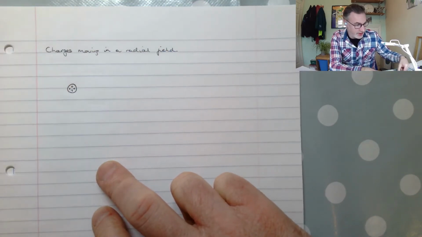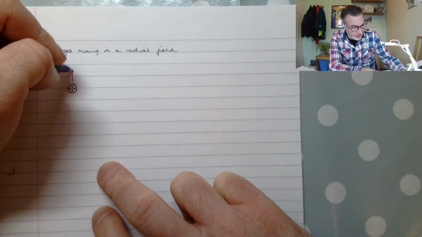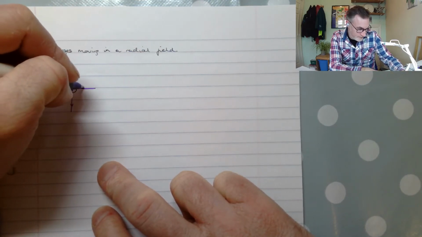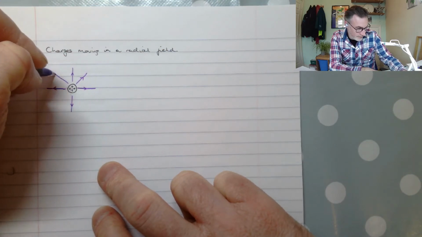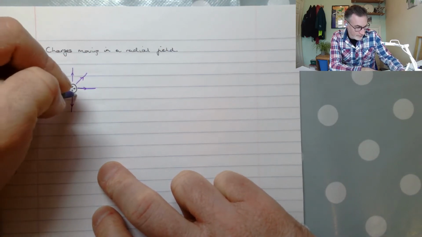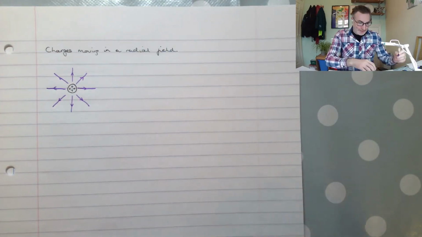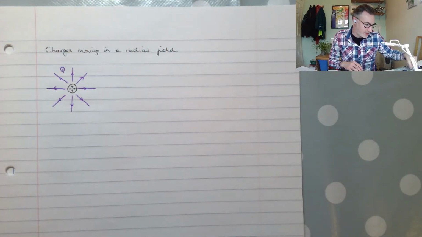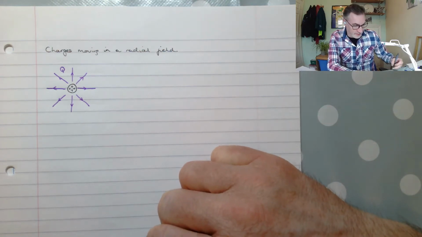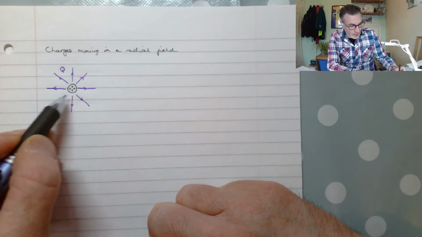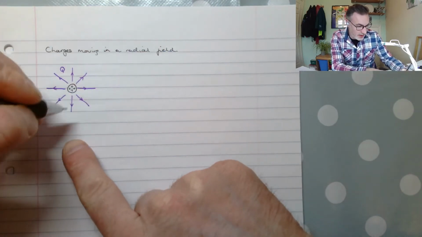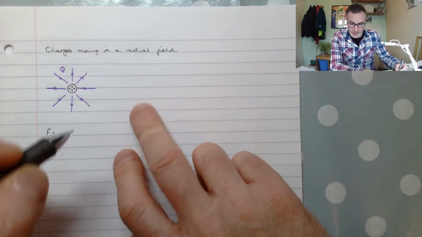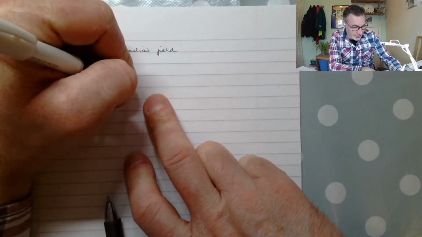So if we have our point charge here, then our radial field will be something like so, just quickly sketched out, and we'll call this field has a magnitude of charge Q. So what do we know about this field? Well, the Coulomb force would require another charged particle to be in there.